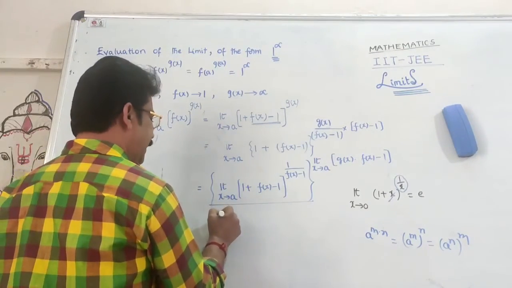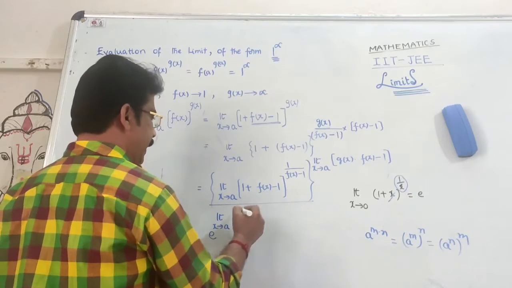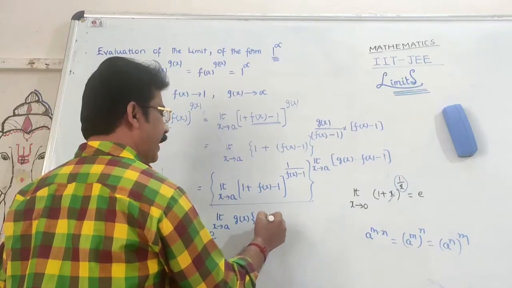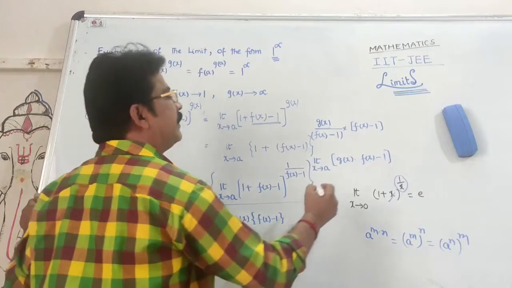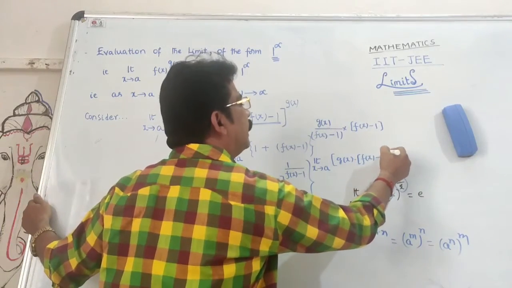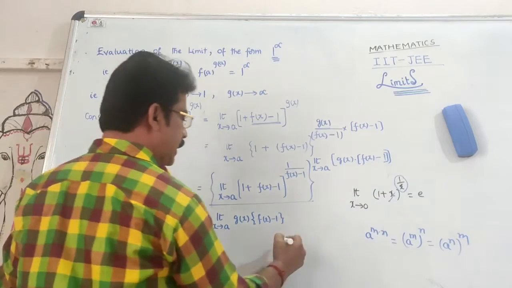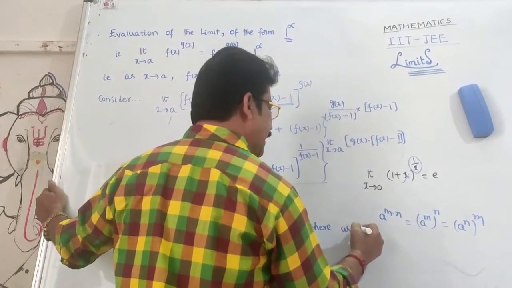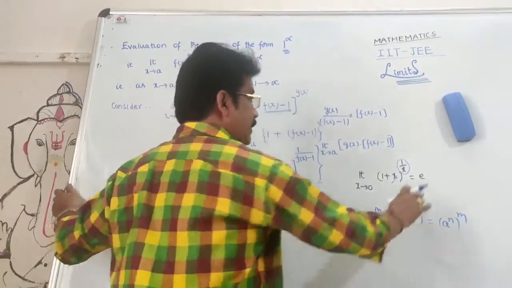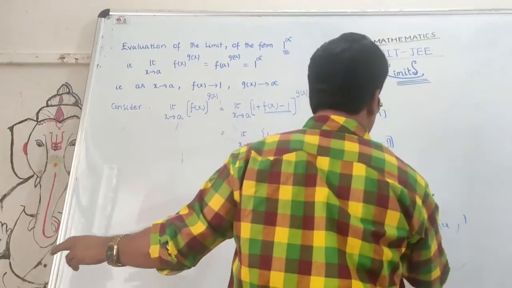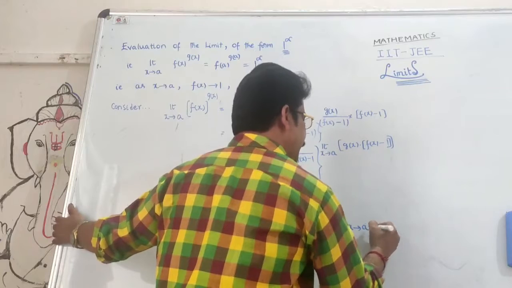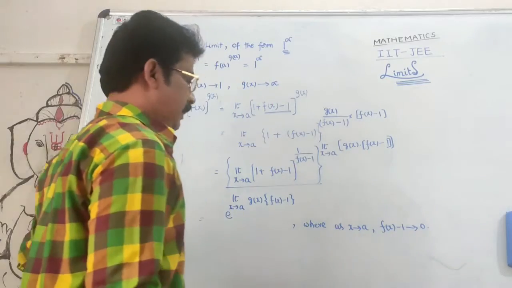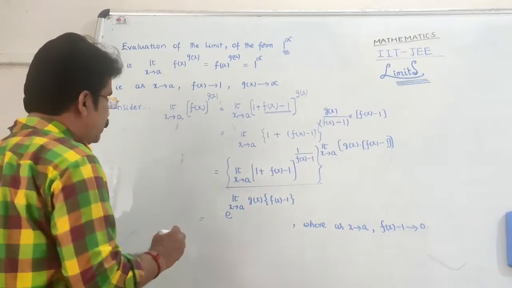I will write e power limit x tends to a, g of x into f of x minus 1, just like that, where as x tends to a, f of x minus 1 will tend to 0, like that. Understand?